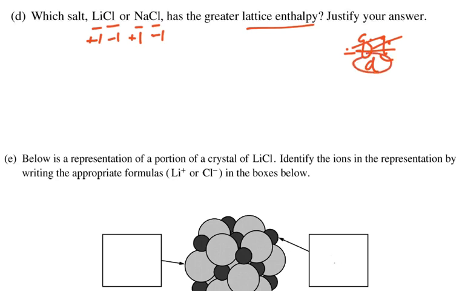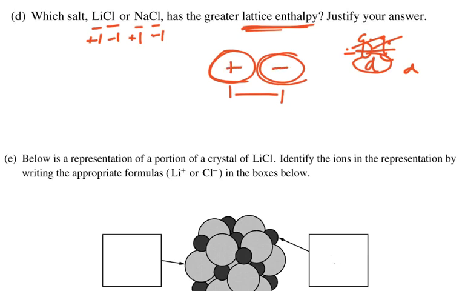So which salt has the greater lattice energy? Whichever one has the smaller value of D is going to have a larger attraction between the particles. If you have a big ion, then the distance between the two ions, here's a plus ion and a minus ion, if it's a large distance, then that's not a very strong attraction.